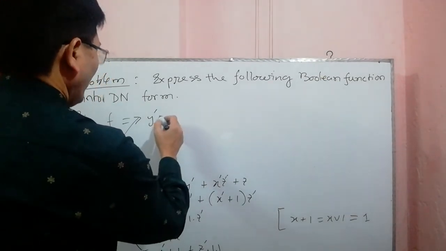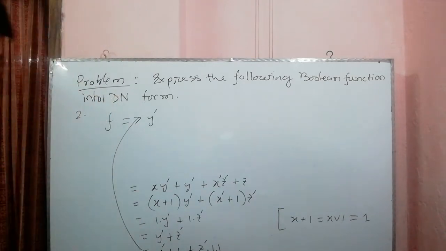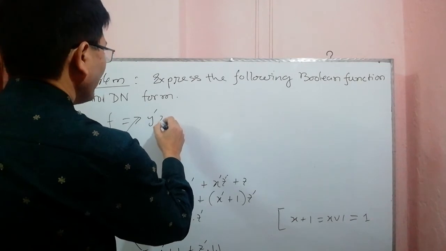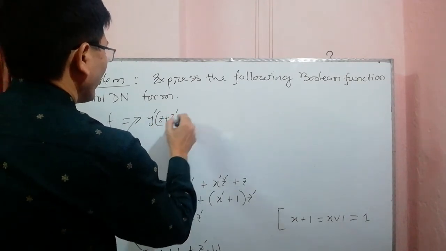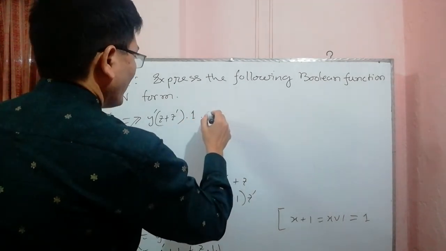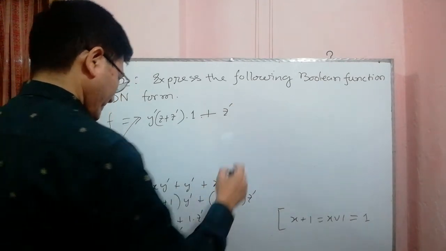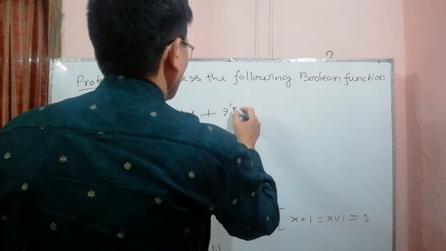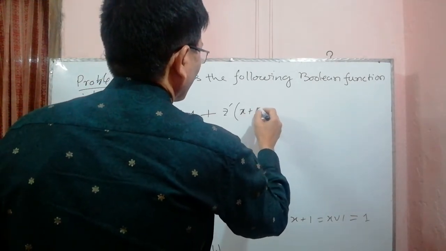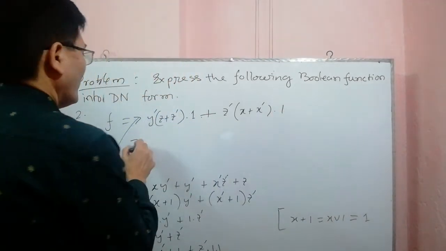For this one we can use z and z prime, and it remains unchanged, plus z prime we can use x plus x prime and it remains unchanged.